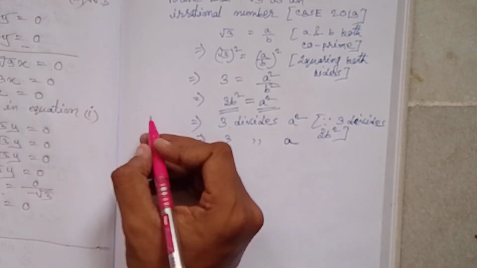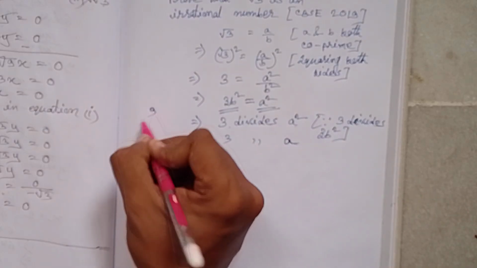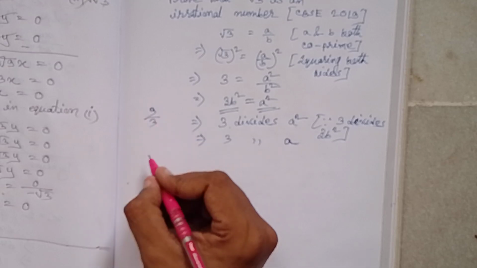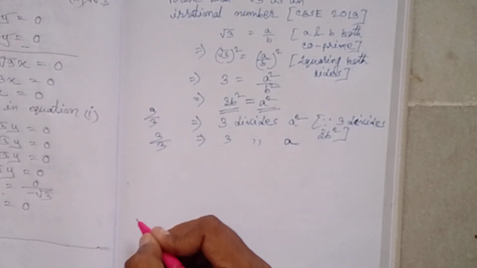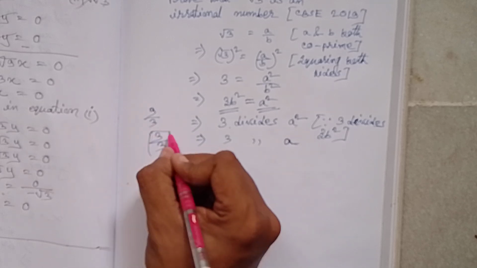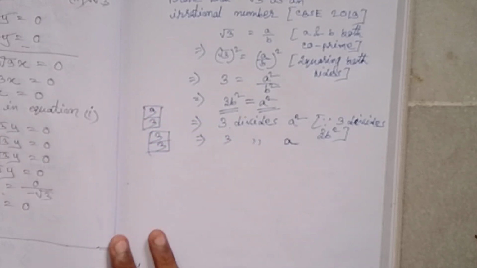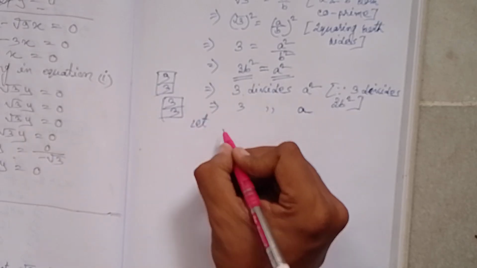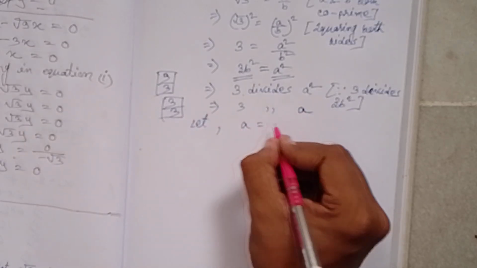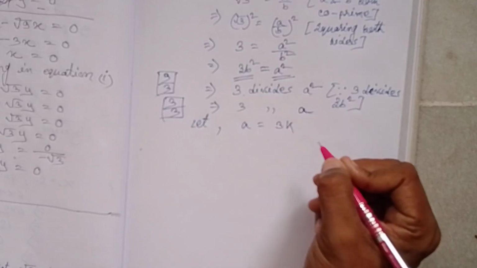Like you can assume that 9 is a square term. If that is divisible by 3, the square root of 9, that is 3, is also divisible by 3.